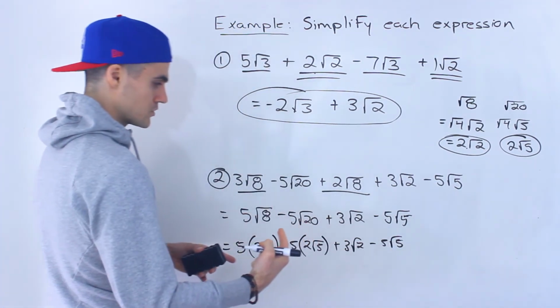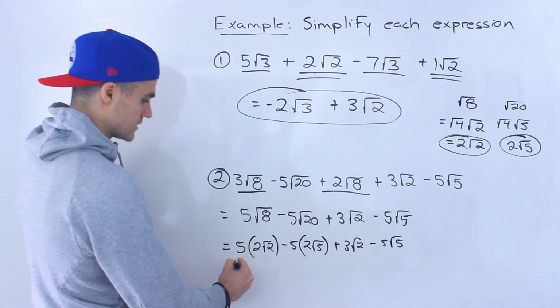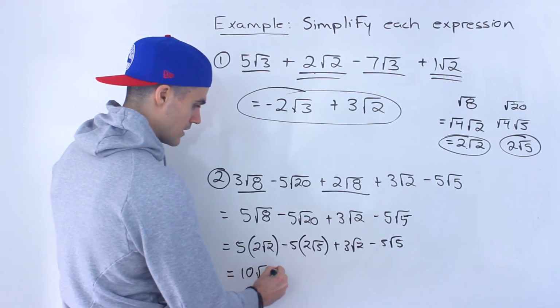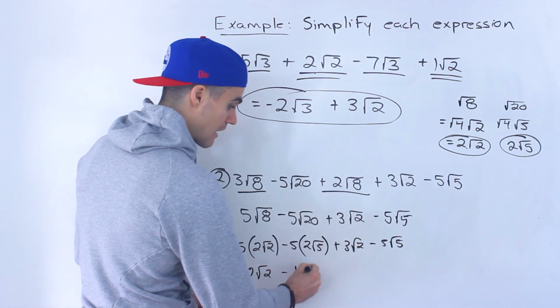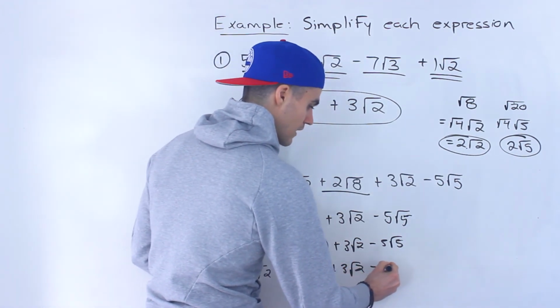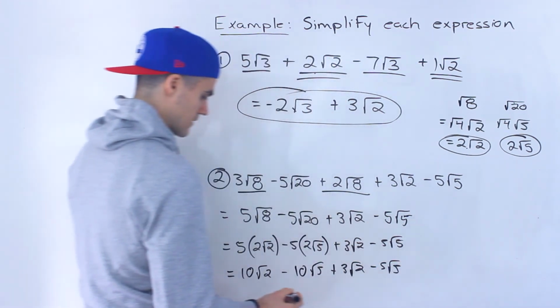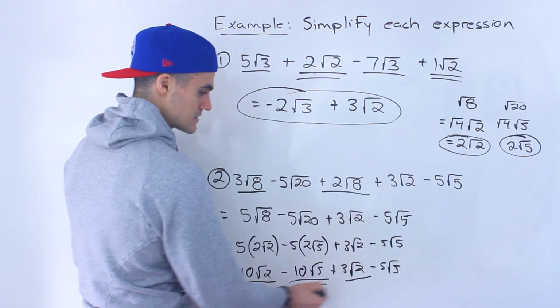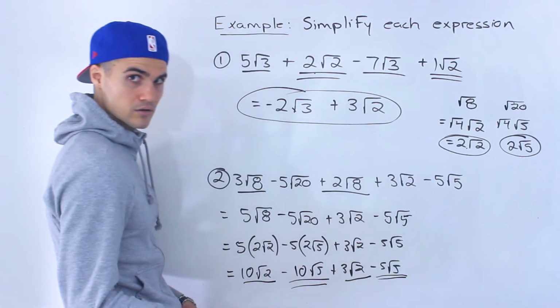Now if you notice, we're starting to get more like terms. So let's simplify this. This would be 10 root 2 minus 10 root 5 plus 3 root 2 minus 5 root 5. Now notice that this and this are like terms, and this and that are like terms.